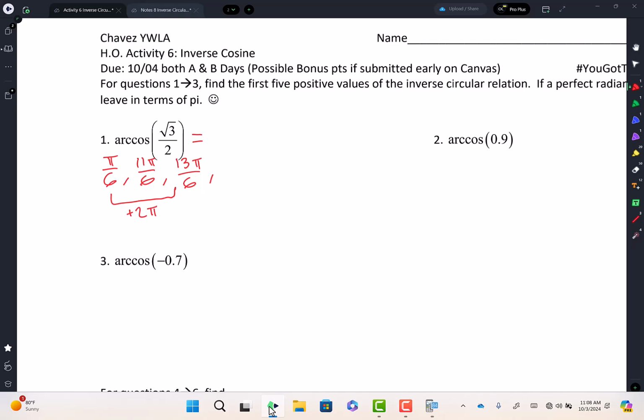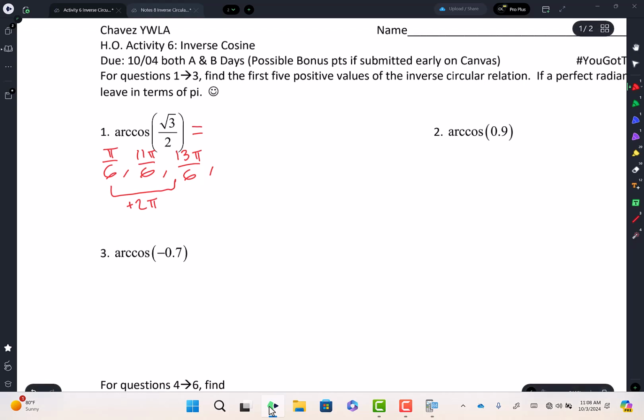So what is that? 12 plus 11. 12 plus 10 is 22, plus 1 is 23. So it's 23 pi over 6.